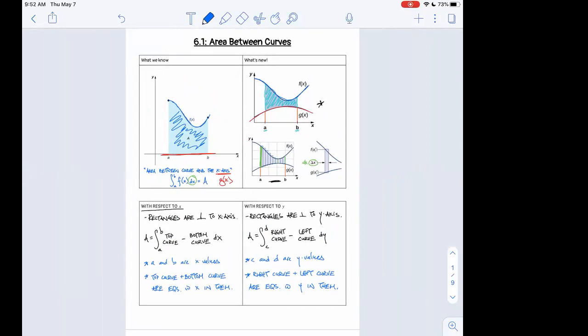Do I set this up with respect to x or with respect to y? Usually both of them will work, but usually one of them is significantly easier than the other. And so that's part of the decision-making process that I want us to practice, okay?